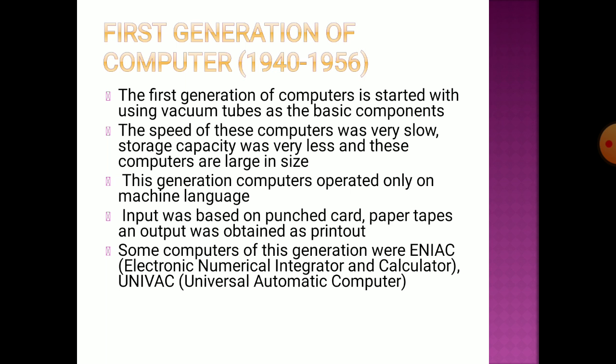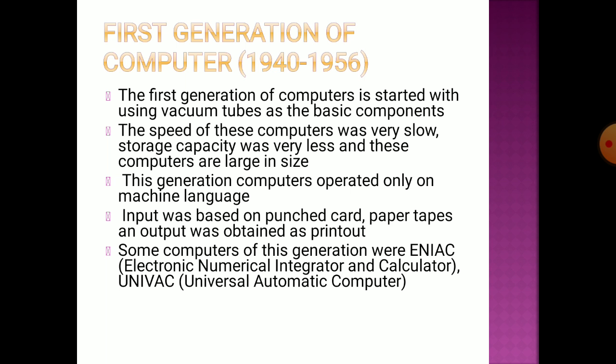If you look at this first generation computer, it has a big size, very low speed and very little storage capacity. So the invention started to increase the speed, to provide more storage capacity and to reduce the size of the computer system.